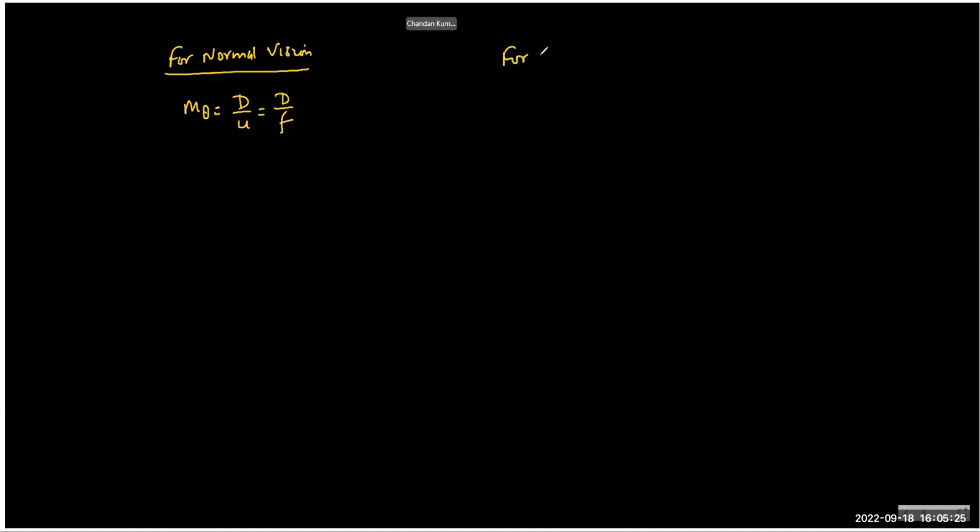And for LDDV, we want V to be at D. So in a way, we have to use the lens formula. What is the V value? We want V to be at minus D. Let's call U as minus U because this is a symbol, this is a value. And F is plus.